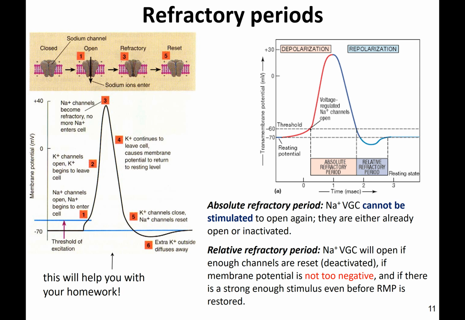Yellow light means inactivated. That means slow down. You should not pass. Don't go through the intersection. Sodium should not be going through the membrane, should not be entering the cell. Deactivated certainly means sodium should not be entering the cell. That's red light. Do not go.